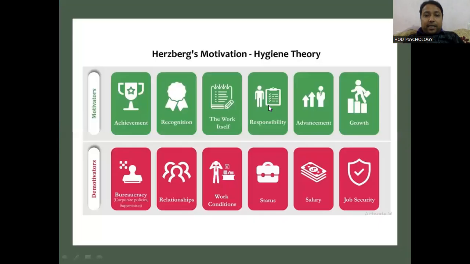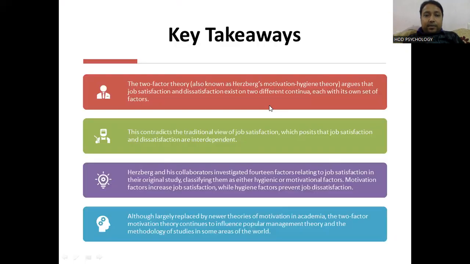Herzberg and his collaborators investigated 14 factors relating to job satisfaction in their original study, classifying them as either hygiene or motivational factors.